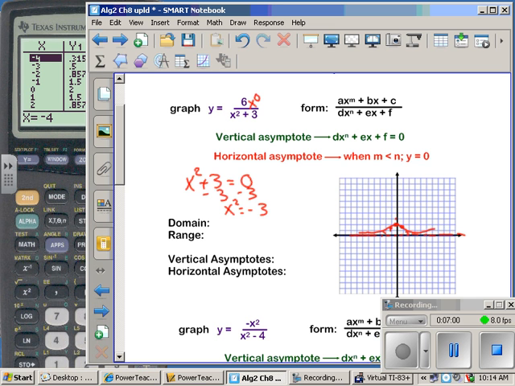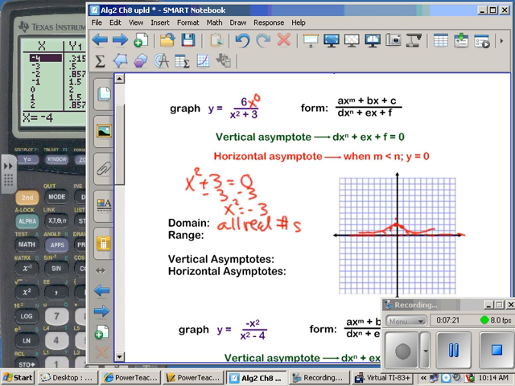What's the domain of that function? All real numbers, right? x can be anything. How about the range?